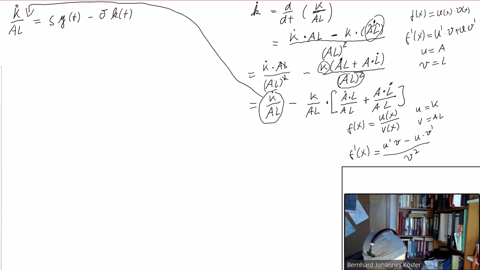And why is this nice? In this case, the L cancels, and in this case, the A cancels.